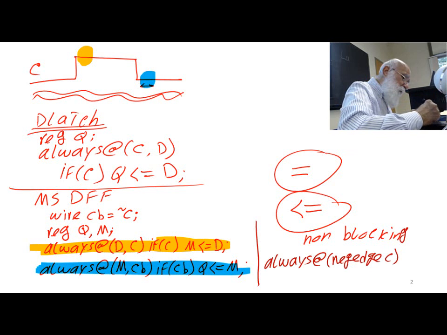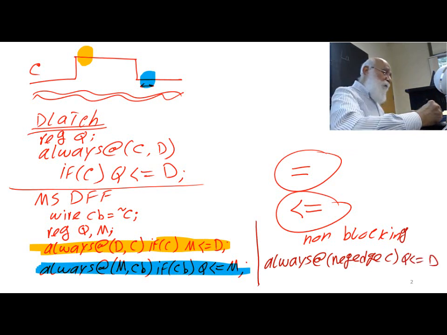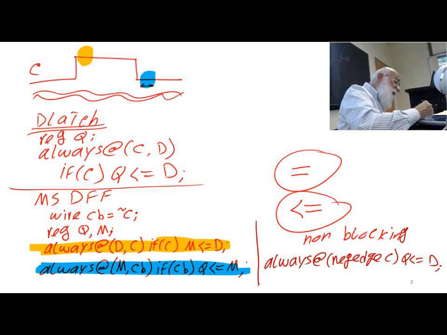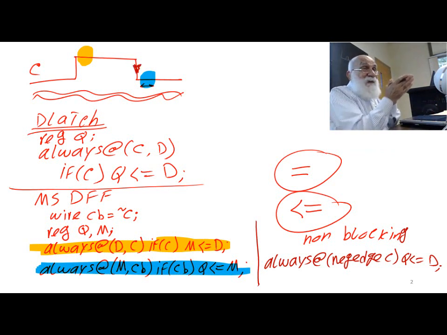Of clock Q gets D. Okay? And this is not, like I said, exactly negative edge because it really requires that level. It's not happening on the edge. It does require the level. But see, the difference between that level and the edge is what?